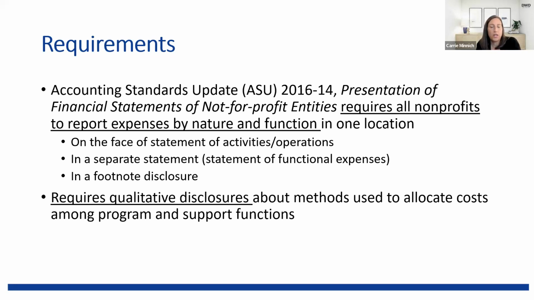In addition, we also have to disclose qualitative disclosures about the methods used to allocate the costs among program and support functions. Because of this requirement, we're going to talk today about how your organization can follow it and make sure that you're doing things properly.